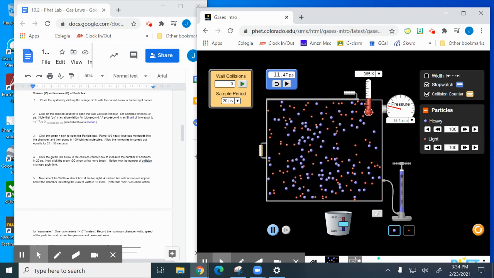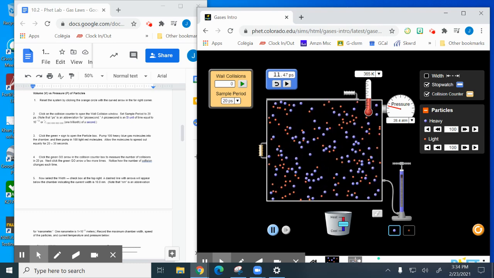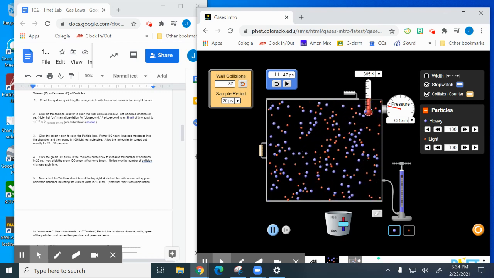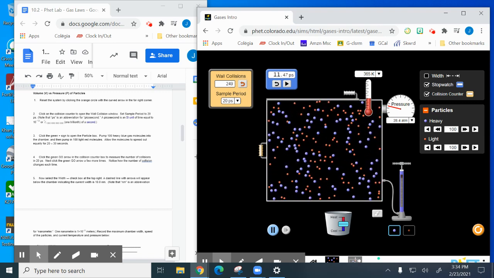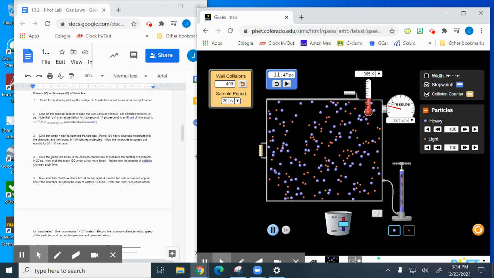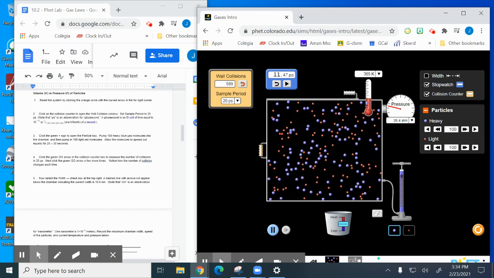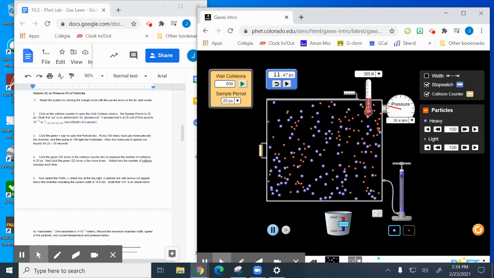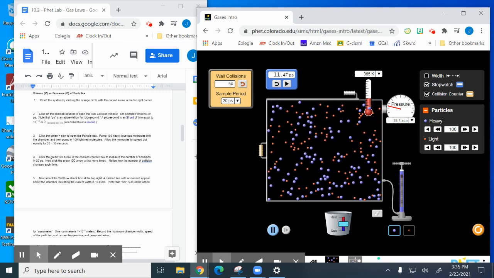Let's see, click the go arrow to measure the number of collisions in 20 picoseconds. Go. So that's 609. Next one.